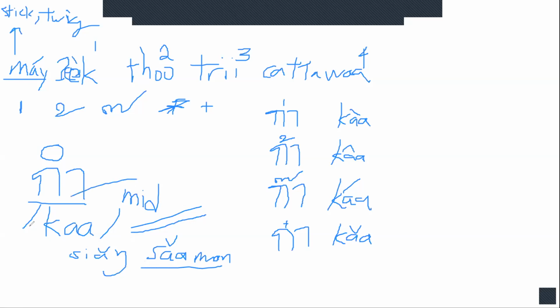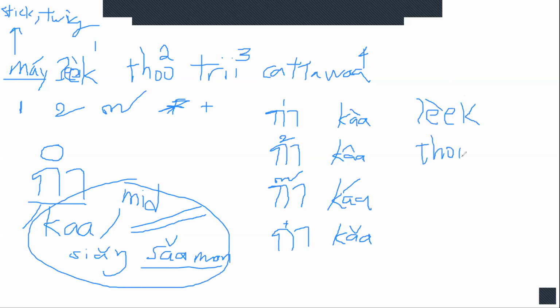So the mid one is the common tone. Now the low tone, what is it called in Thai? It's called เสียงเอก. And then the falling tone in Thai is called เสียงโท. Okay, this is เสียงตรี, the high tone. And เสียงจัตวา, this is the 4th tone.